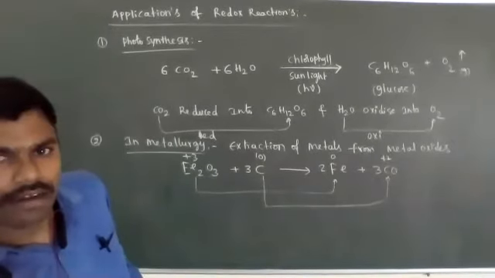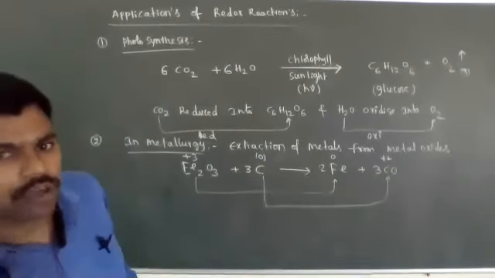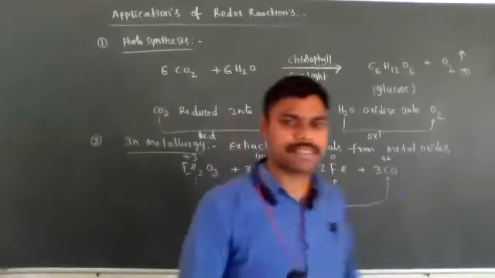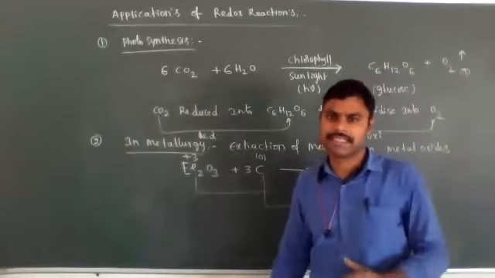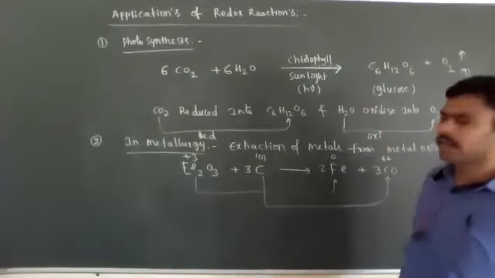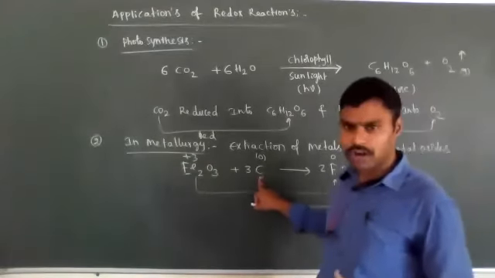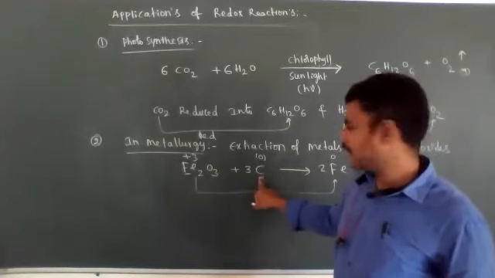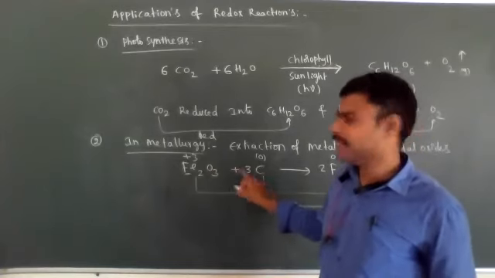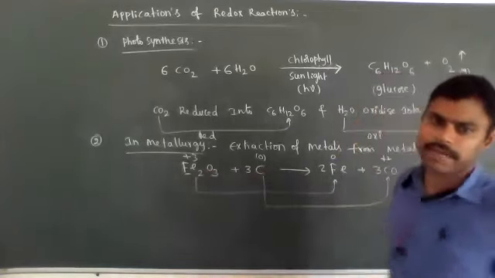Calcination and roasting are also important key steps in metallurgy. So the coke or coal acts as a reducing agent. It reduces metal oxides into metals.